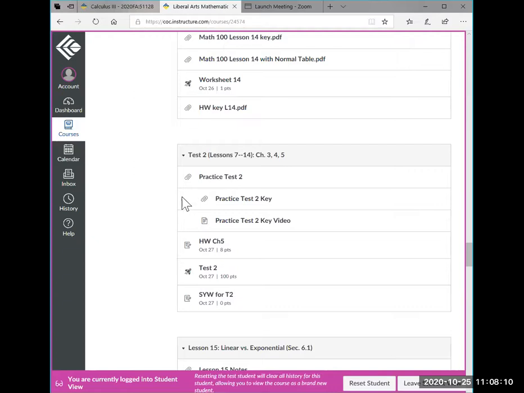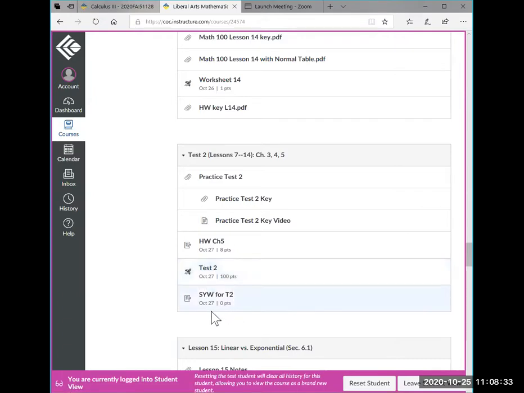However, because of this test on Tuesday, I am going to give you one extra day to finish your homework, right? Now you can still turn this in early. Many of you have already turned in chapter 5 homework, but this is going to be due on the same day as your exam. So when is your exam? Test number 2, that's this coming Tuesday, October 27th, right?